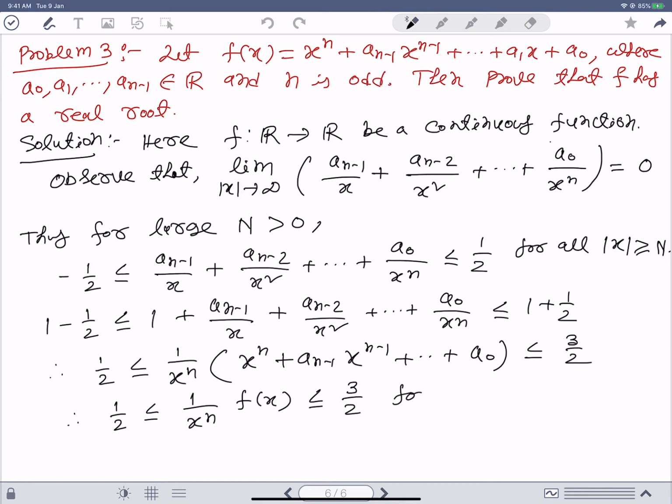And this is true for all |x| bigger than or equal to N.